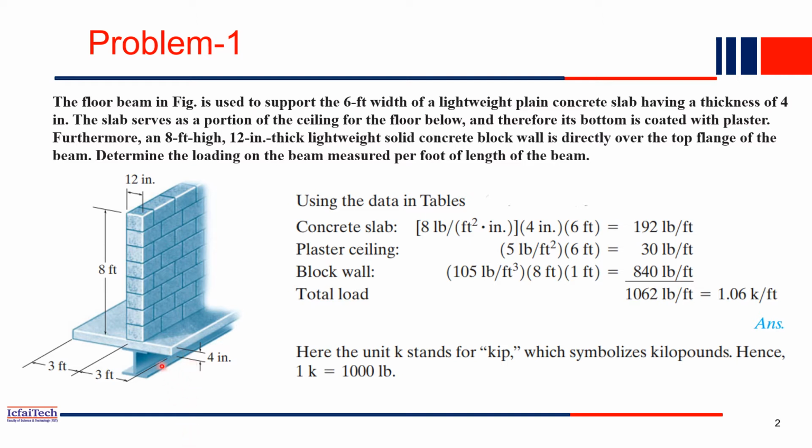When you have a floor, we have plastering also in the slab. Therefore, its bottom is coated with plaster. Furthermore, an 8-inch high, 12-inch thick, lightweight solid concrete block wall is directly over the top flange of the beam. Determine the loading of the beam measured per foot length of the beam.